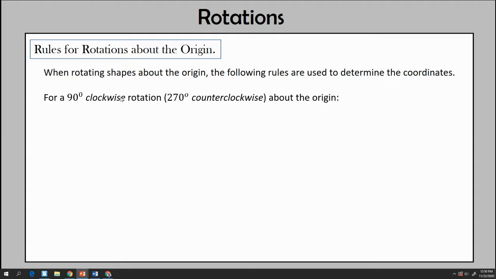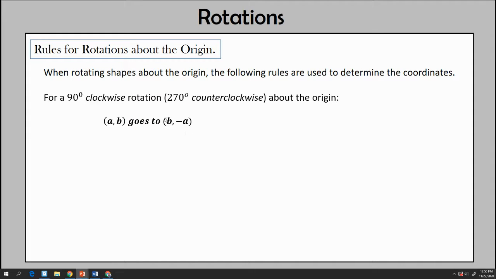If we do one of these two rotations, they're the same. What happens is our ordered pairs would go from (A, B) to (B, -A). So I interchange the coordinates and I make the A its opposite. And that would be the new location of the point in a 90 degrees clockwise rotation.